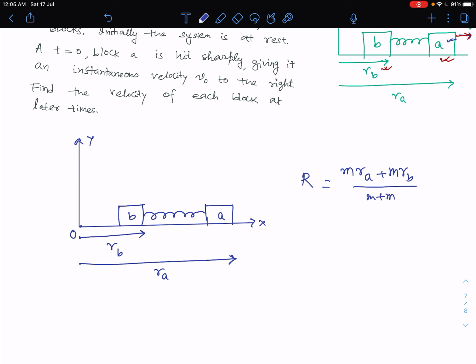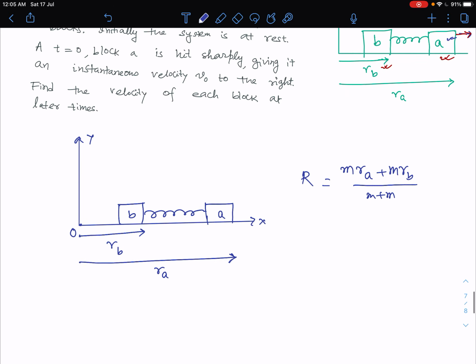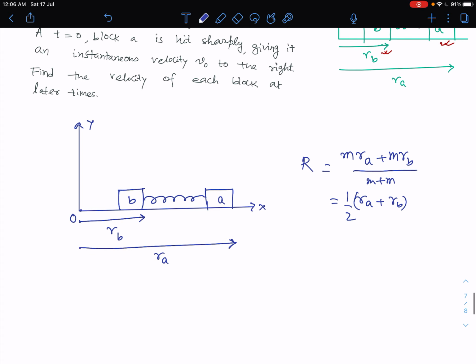Here I am not writing the vector since the motion is one dimensional. So it is just half of RA plus RB. Let's say this is the position of the center of mass, located at a distance R, that is half of RA plus RB.